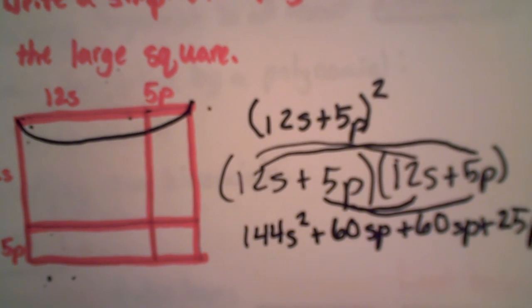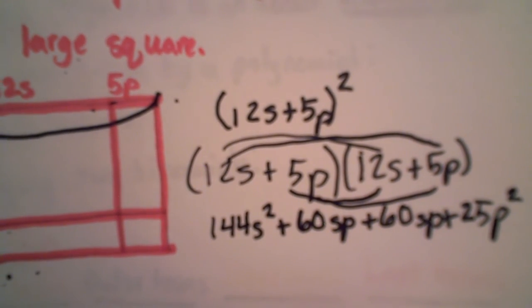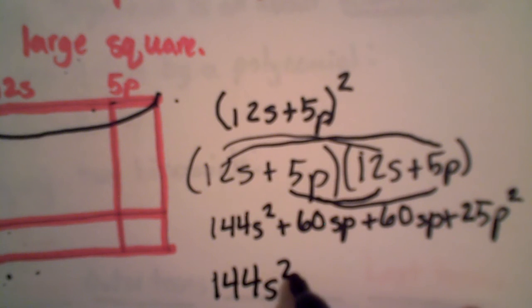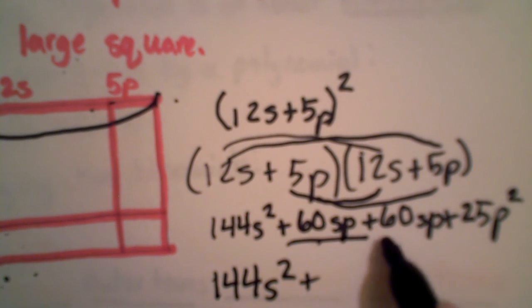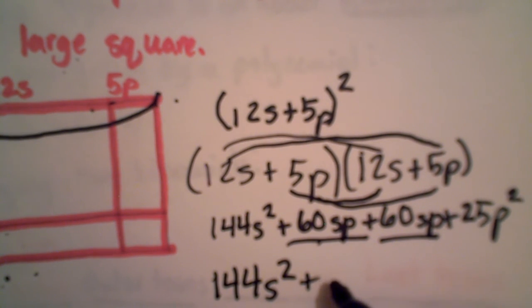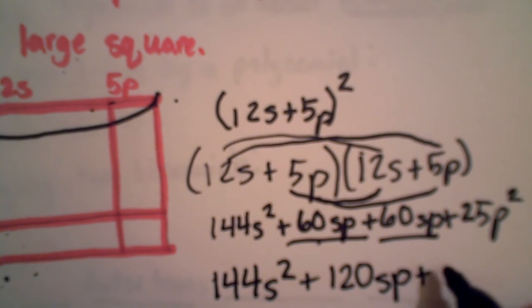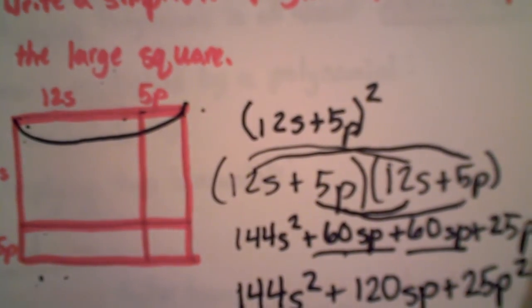So we're going to simplify this, and we will get 144s squared. We're just making a trinomial here because we can combine this sp term with this sp term, and 60 plus 60 is 120sp plus 25p squared. So there you have it.